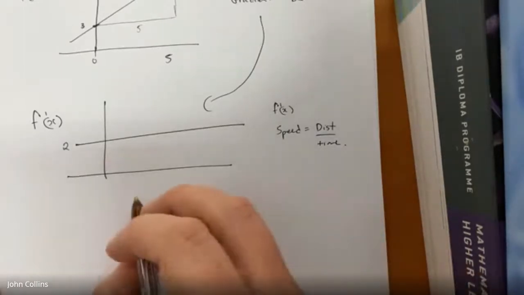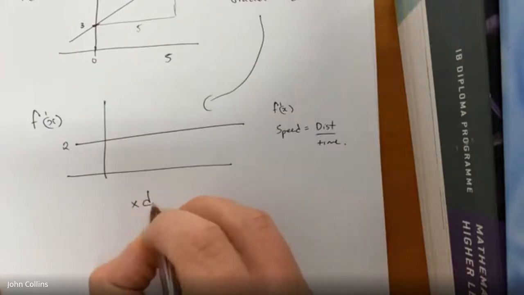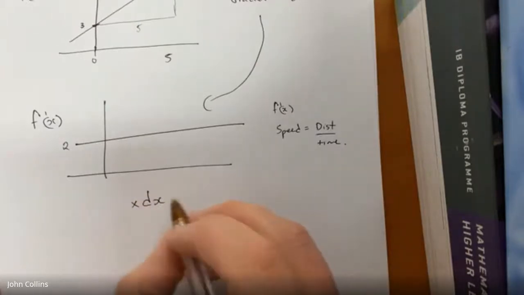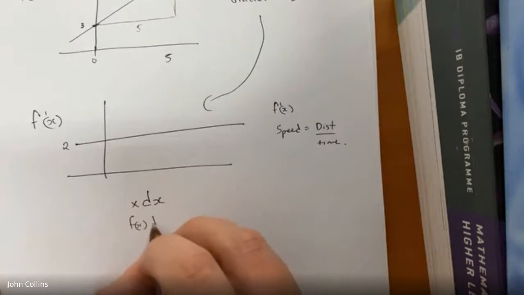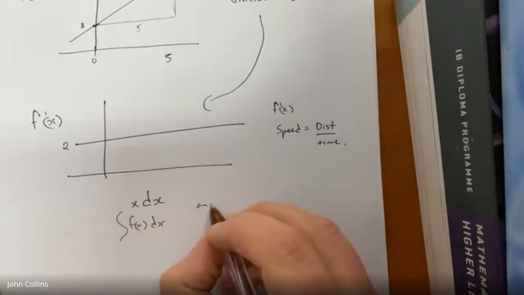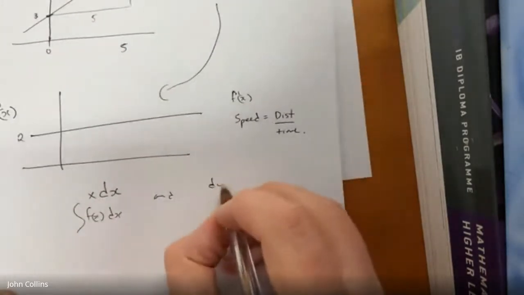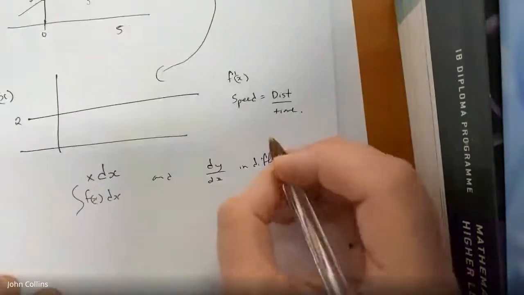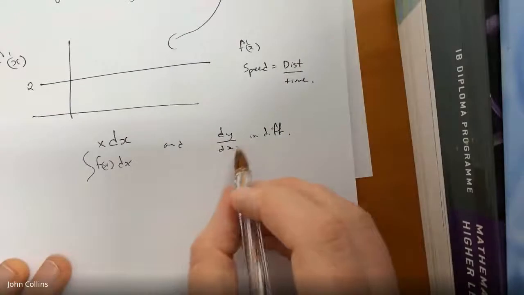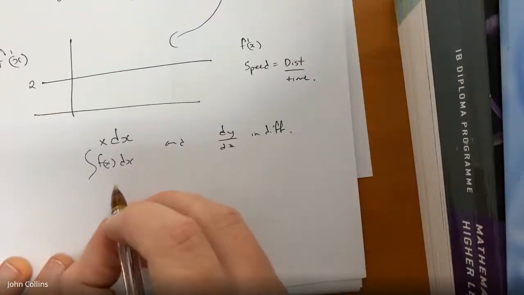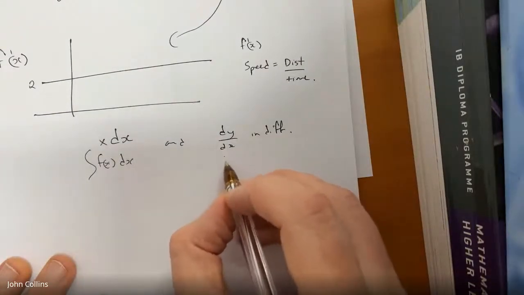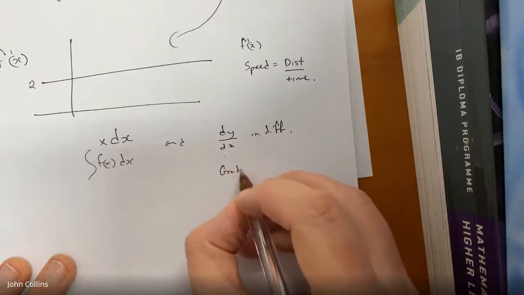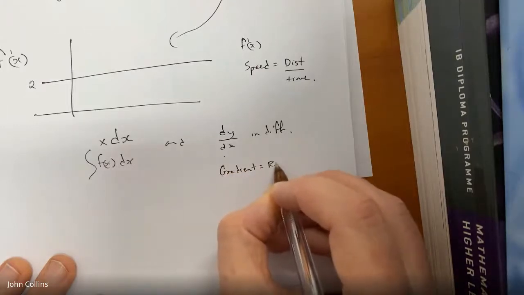So let's compare what the multiplication of dx means in integration. In other words, f of x times dx, and compare it to dy/dx in differentiation. Let's think about this as a reworking of rise over run equals gradient, and we got that smaller and smaller.